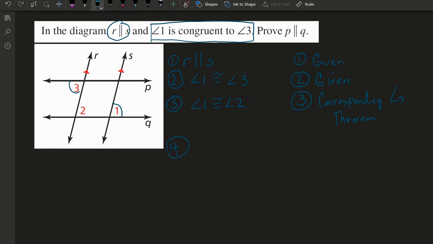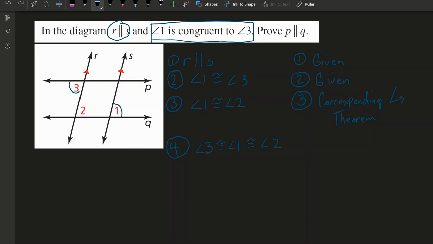Now for step 4, if I look at steps 2 and 3, I see angle 1 is congruent to angle 3, and angle 1 is congruent to angle 2. And so what I can say here is taking step 2 and flipping it around, I can say angle 3 is congruent to angle 1, but then step 3 says angle 1 is congruent to angle 2.